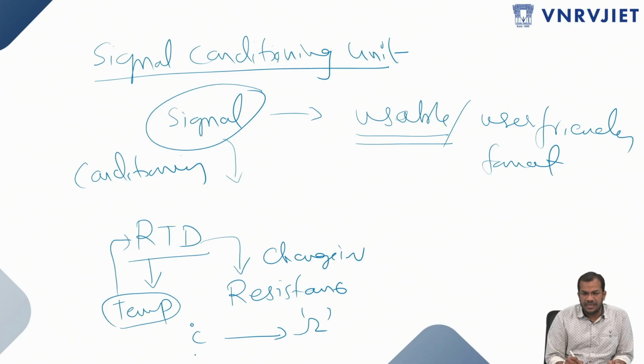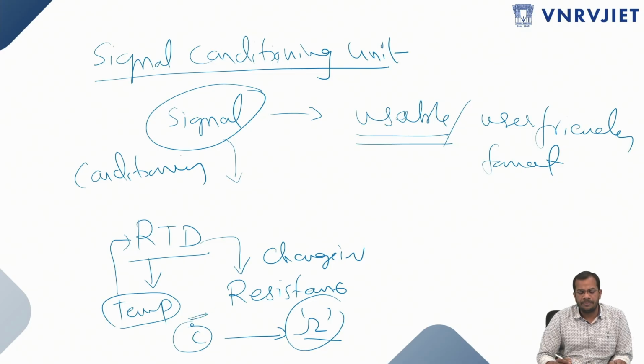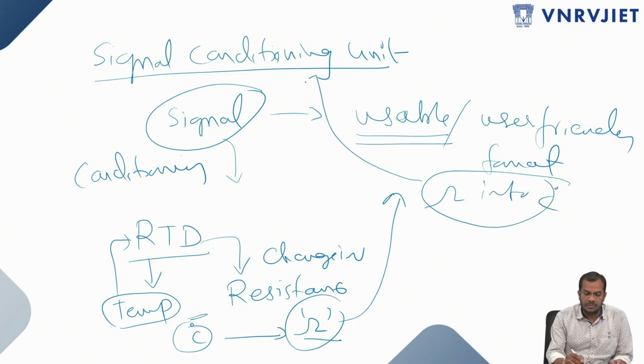So here we cannot directly get the output in the form of degrees. You want to measure the temperature, we keep an RTD, you get the output in the form of a resistance. But by seeing the resistance, you cannot say what is temperature. For that purpose, we have to convert this ohms into degrees Celsius. How is it possible? This is possible by using your signal conditioning unit.